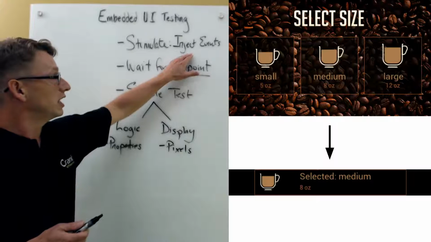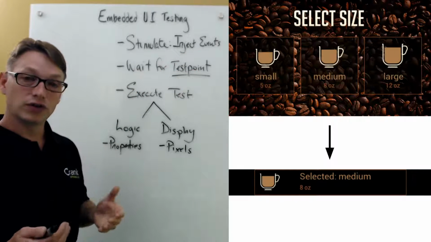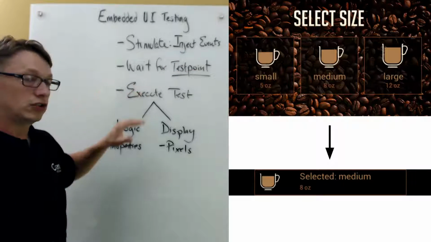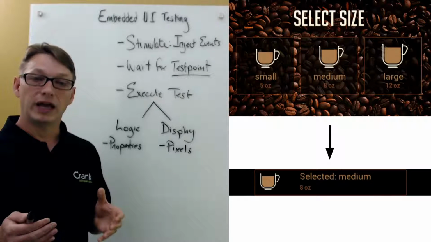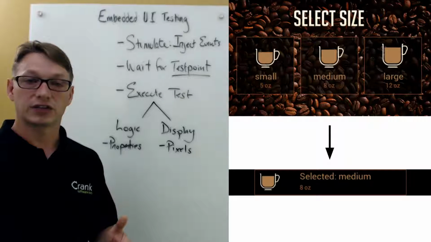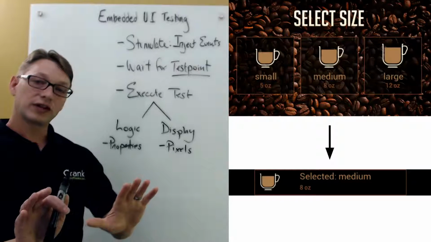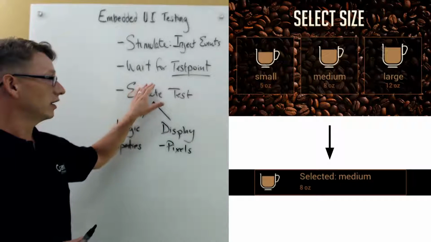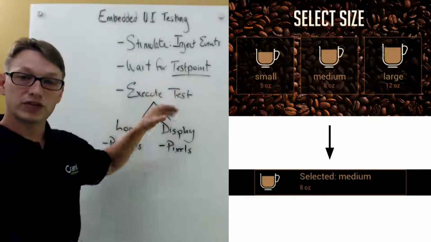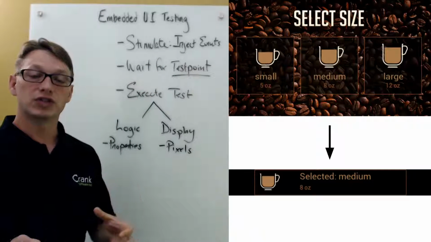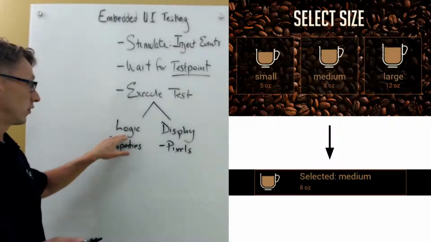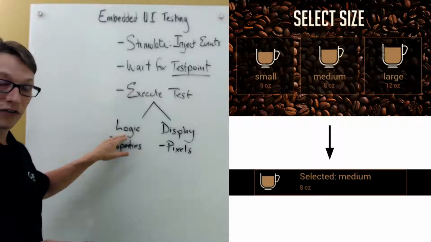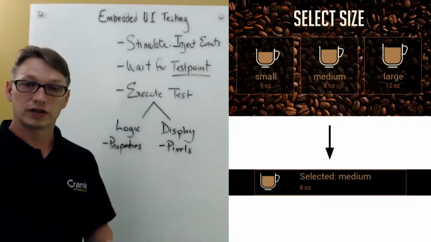But being able to inject events as if you were a user, being able to look at the execution of that input and wait for a particular test point, and being able to do that at arm's length from the user interface. So can I wait for my data to be processed and wait for a certain situation to be reached within the user interface where it's stable for me to start executing some logic tests or snapshotting displays?